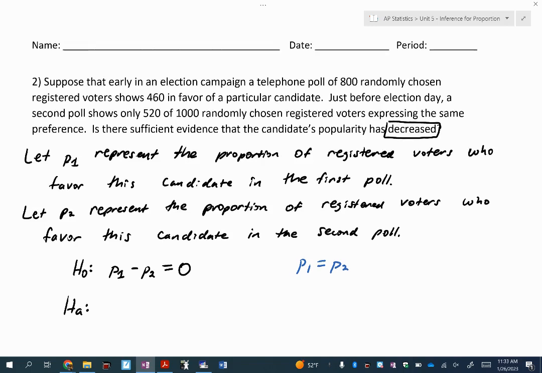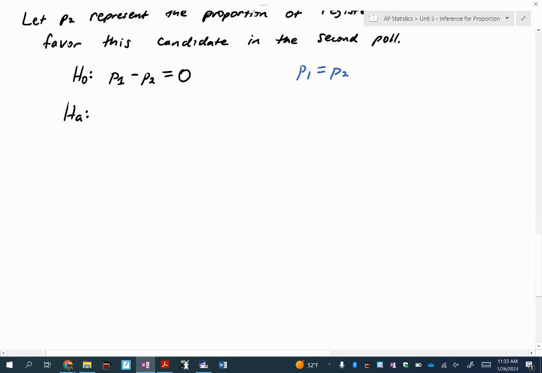But if I'm subtracting and the popularity is going down, then this P subscript 2 is actually going to be what compared to P subscript 1? It's actually going to be smaller, all right, because it's gone down. So if you need to make up numbers, you can. Let's say this is 0.8 and this is 0.7. What happens when you subtract 0.8 minus 0.7? 0.1. You get a positive number. So actually the symbol I'm going to use is going to be greater than 0.